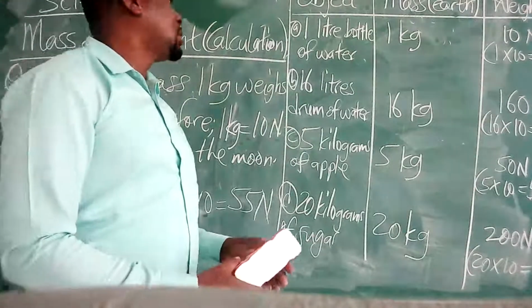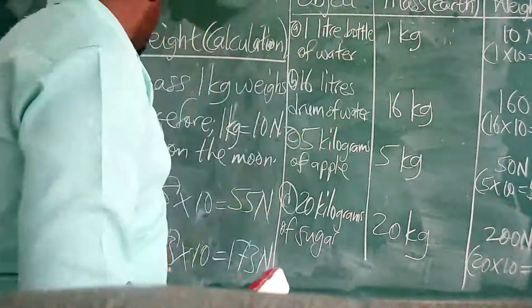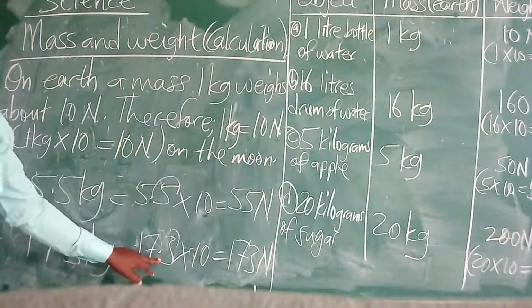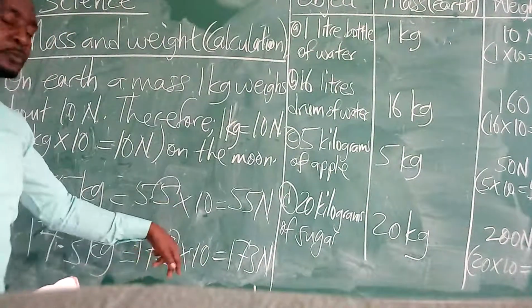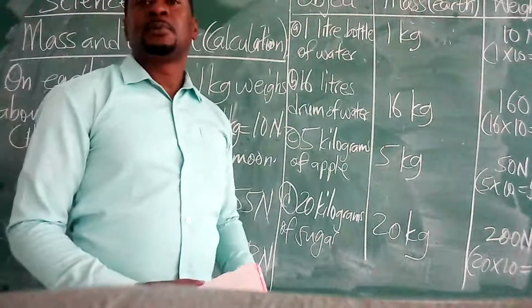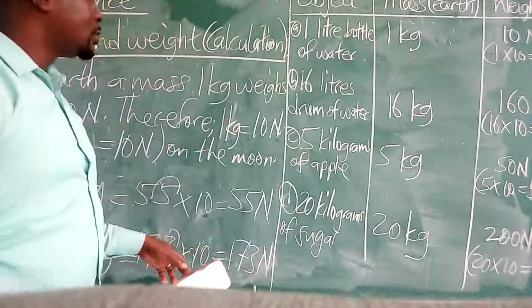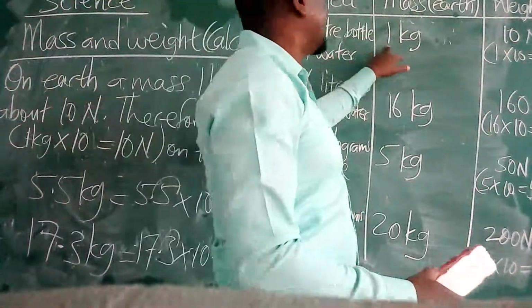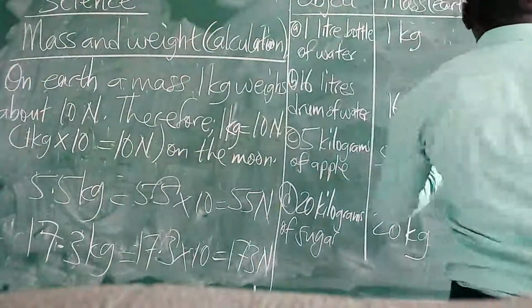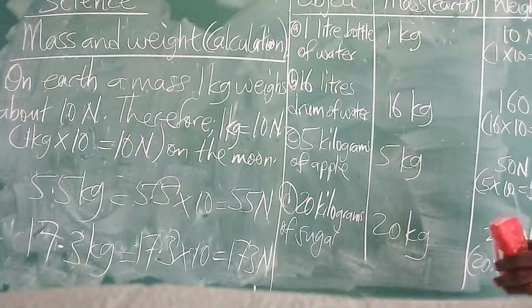So if you are given numbers that have decimal point inside, this is how you do it. You move 1 on your right side, and then you get the answer. If you are not given decimal numbers, you just multiply the number by 10, and then you get the answer.